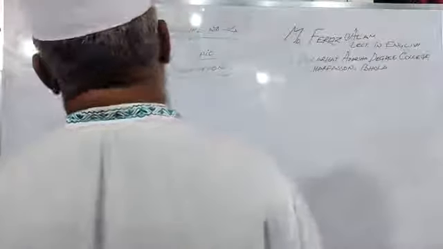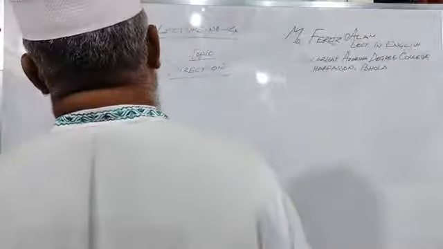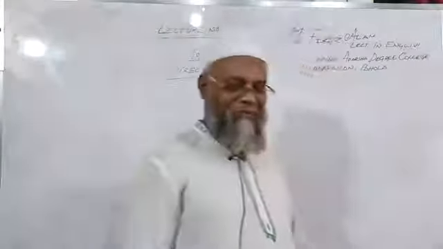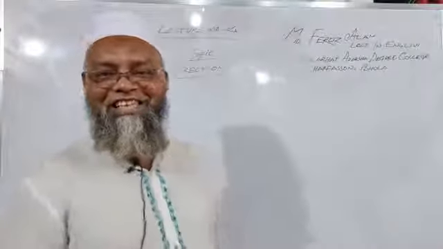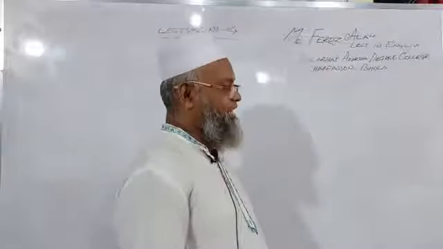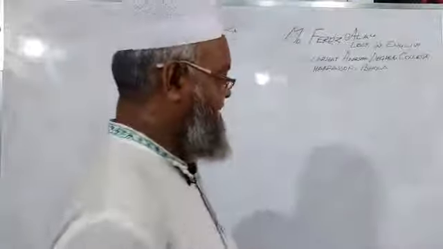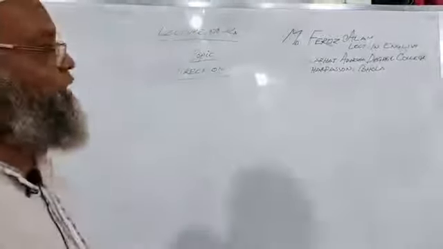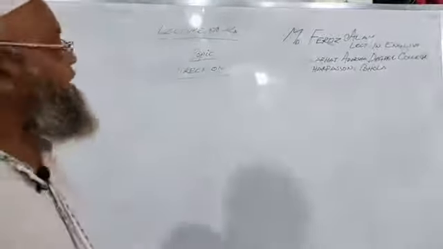Another important construction that is nominative absolute. This is another important structure in English language. This is a type of ornament. This is a type of rhetoric of English language, when you have to write a free writing.